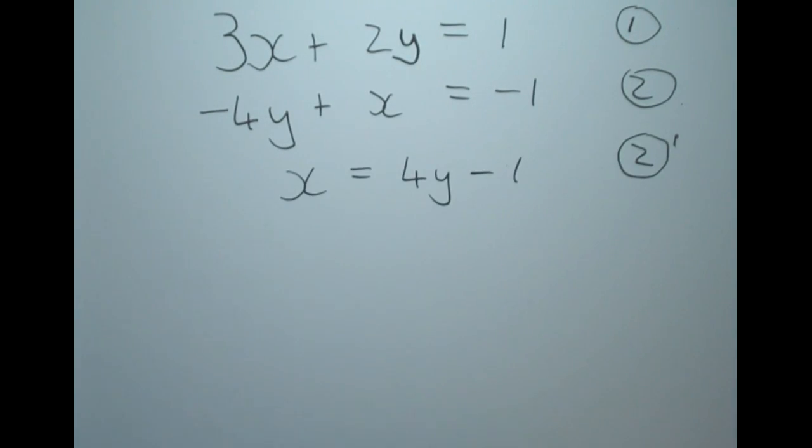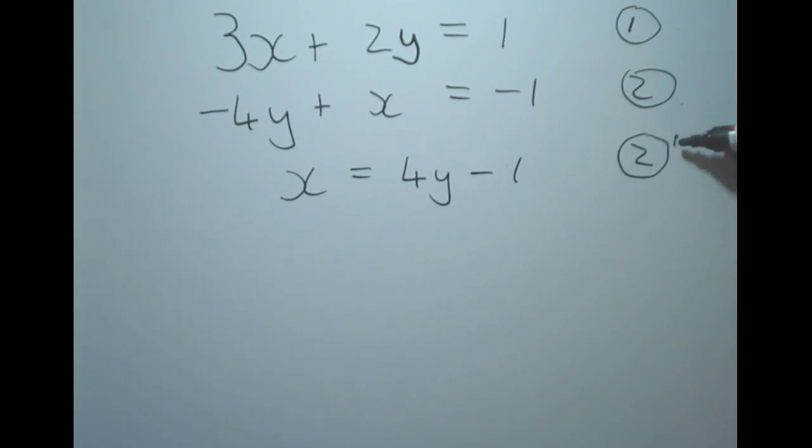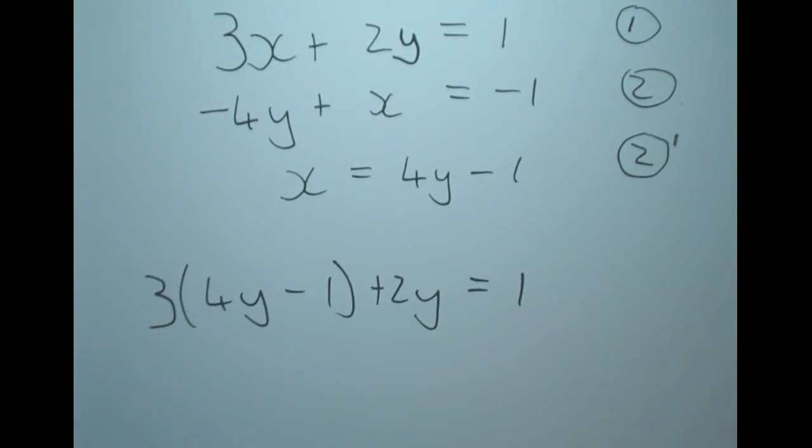I'm going to be leaving x is equal to 4y minus 1 as my new version of equation 2 over here. And now I'm going to put it into equation 1. So putting x is equal to 4y minus 1 into the first equation, I get this. So I have made a bracket where x was, and I put 4y minus 1 where it was. So from equation 1 to here, all I've done is replaced x with 4y minus 1.